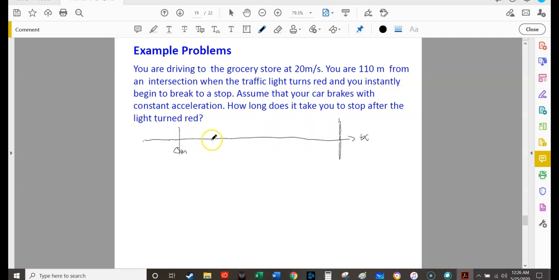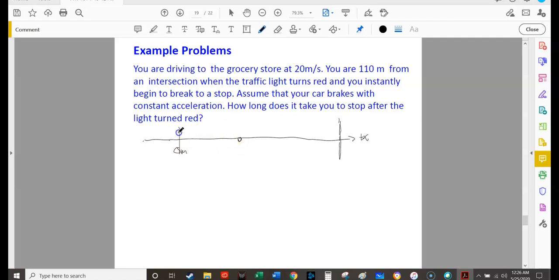So that means we start off moving really fast in the beginning and then start to slow down over time. When we start to hit our brakes at the 0 meter mark, our positions are positive.